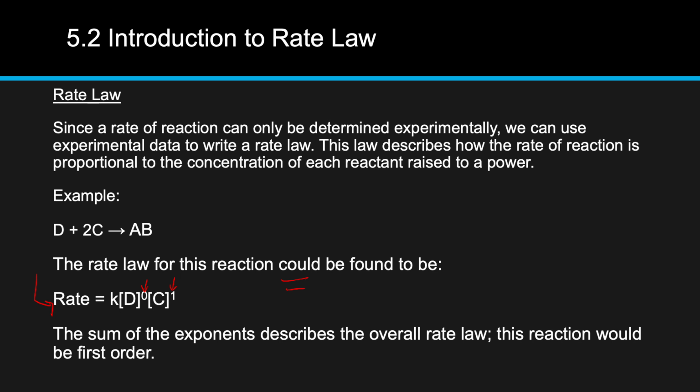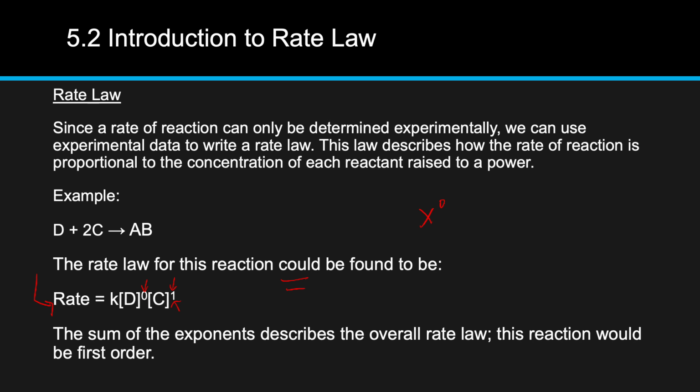So if D changes in concentration, it is not going to affect the rate of the reaction. If something is raised to the 0th power, that change in concentration does not affect the rate of the reaction. Now, if something is raised to the 1st power, like C here, that means if the concentration is doubling, the rate is also going to double. If the concentration is quadrupling, the rate is going to quadruple as well.